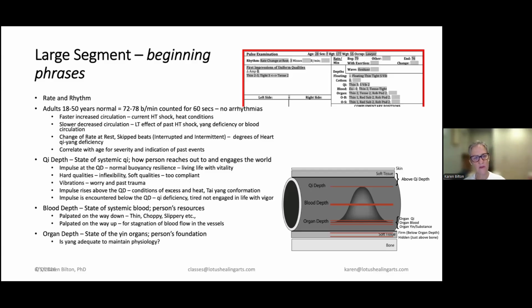And the slower rates could be a yang deficiency, like a very deficient circulation, or it can be the long-term effect of past shock, where you have a heart that's beating fast. If you have a shock to the system that occurs in somebody who's vulnerable, an adult who has very weak chi and weak substances, or in a child, where children are very vulnerable while children are growing and while physiology is changing.